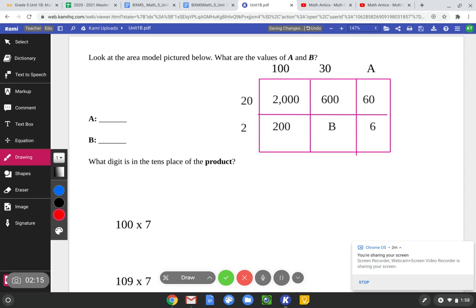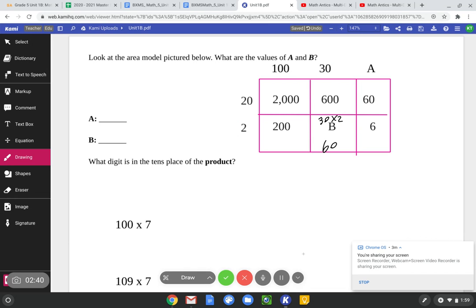Let's do that to figure out what B would be. I want to figure out B first because that seems easier for me. I'm just going to multiply 30 with 2, and that's going to give me B. I could do 30 times 2, or I could just add 30 twice. And I know it's going to be 60.